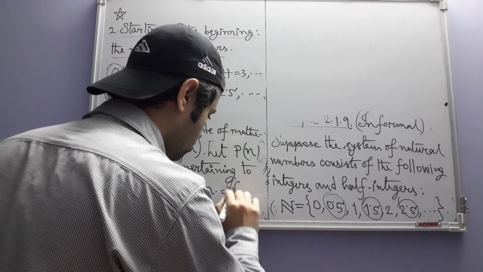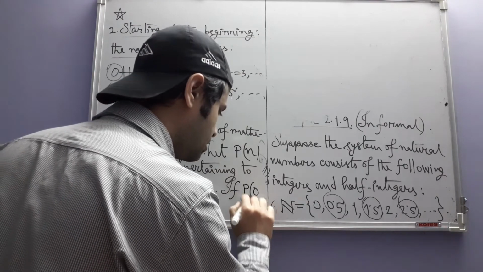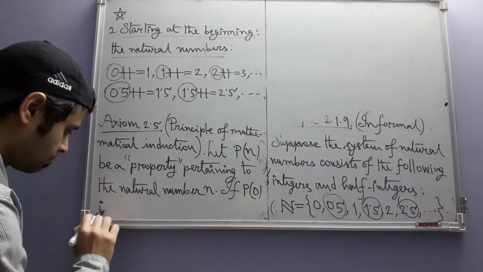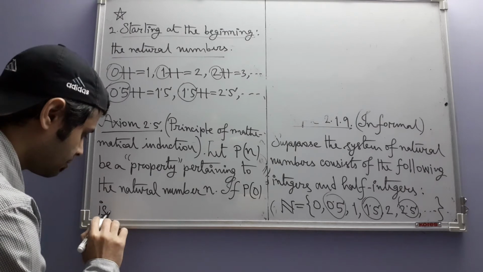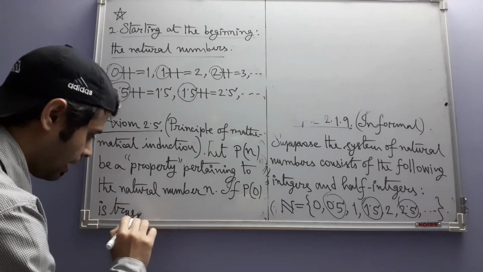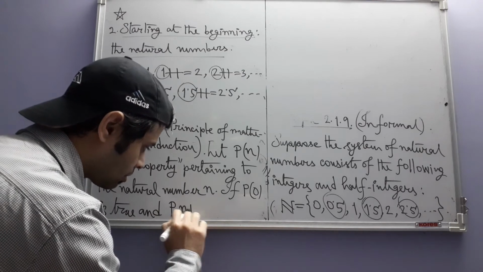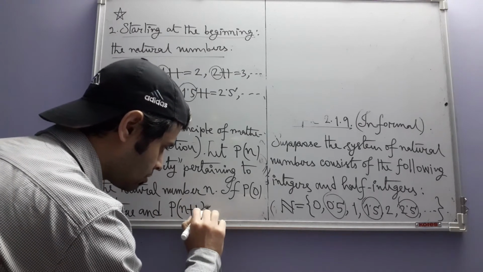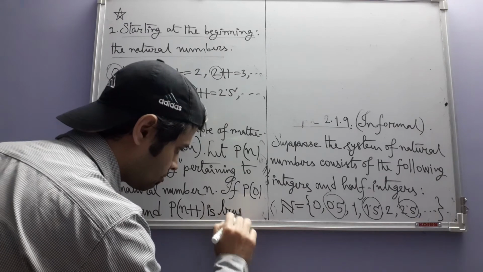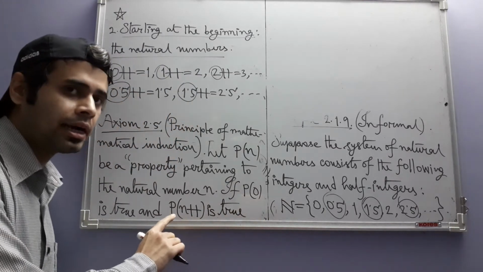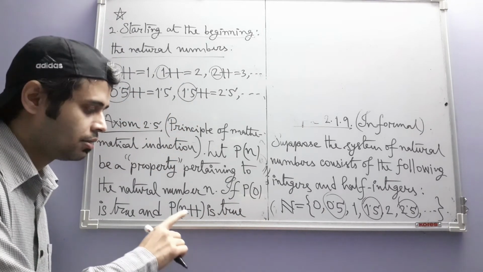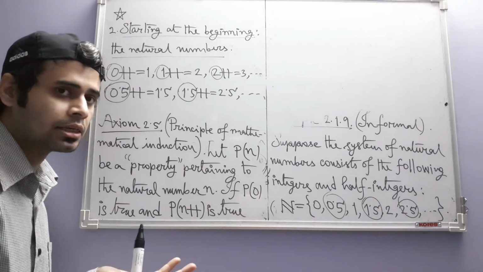If P of 0 is true, you know what it is, and P of the successor of n is true. See, we will be tempted to write P of n plus 1, but there is no plus available to us yet.